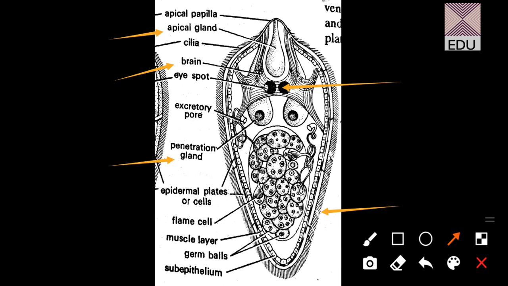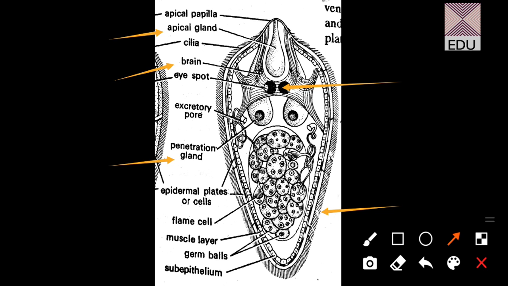Now if we consider the development of this particular larval form, it is hatching by a hatching enzyme. This enzyme opens up the cap of the capsule. This larva also excretes some hatching enzyme which dissolves the hard shell of the snail. So this is a very important thing.